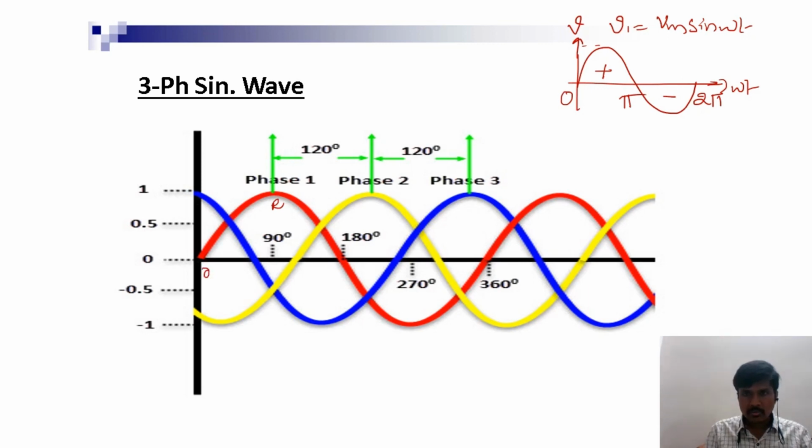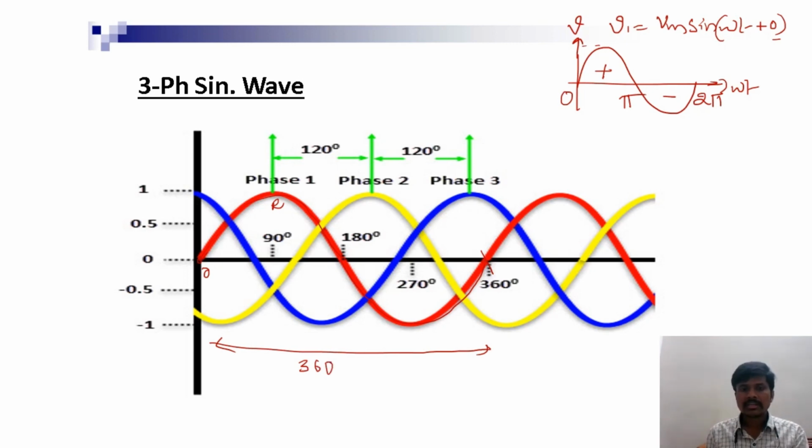This is starting at 0 degrees. Vm sin omega t plus or minus 0 means the phase angle of this expression is 0 degrees. Let us assume that this voltage starts at 0 degrees and moves along the axis to create 360 degrees.